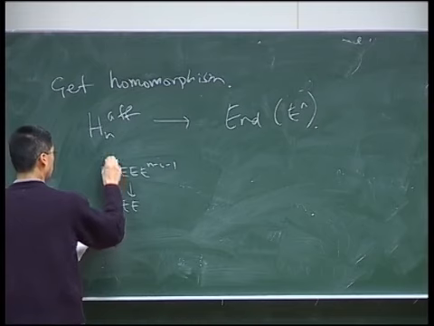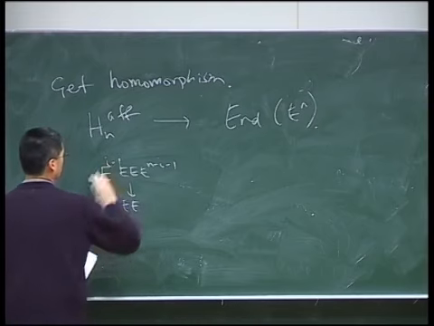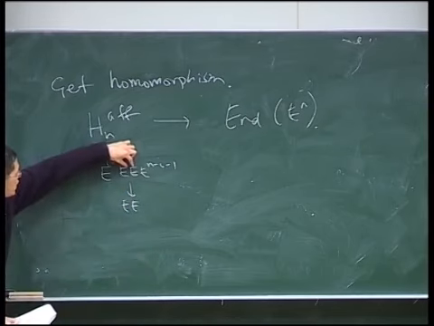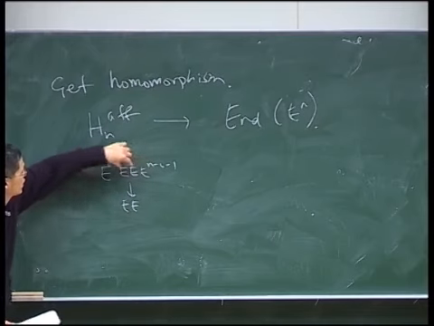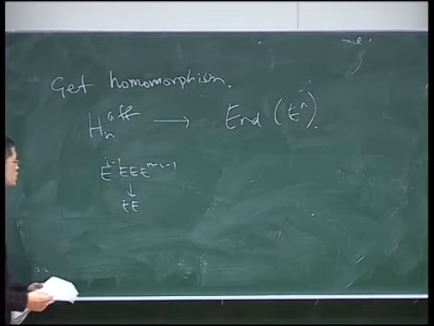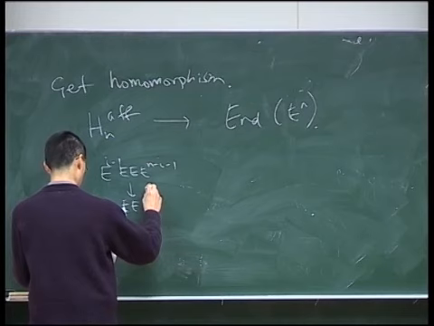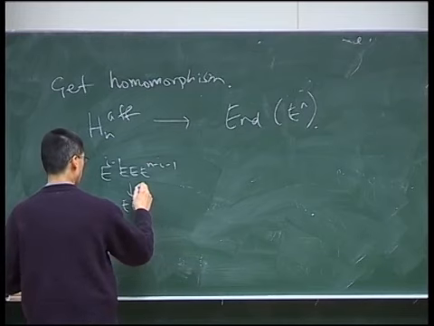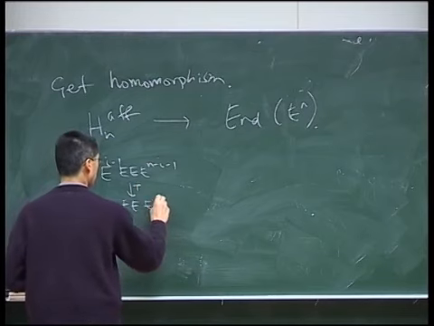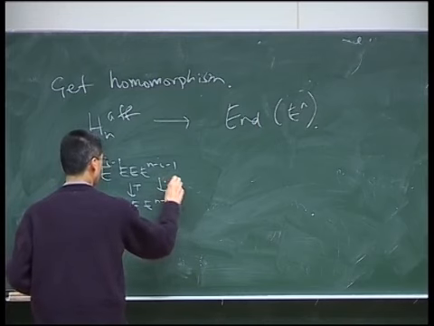In this way, we can take any two adjacent copies of e inside the nth power and apply t to them. So we get t on this part and the identity on the other parts.